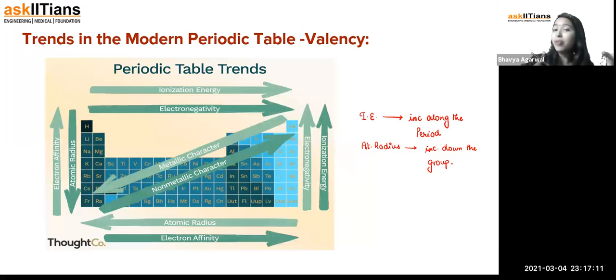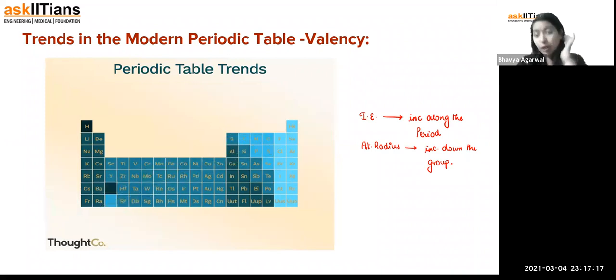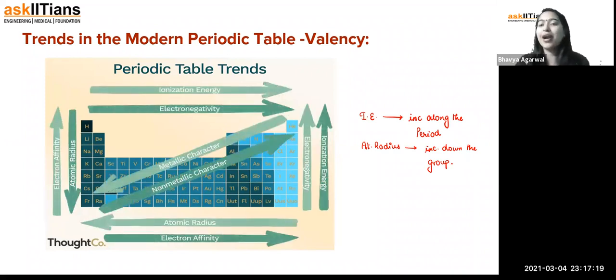Now, why is the property increasing or decreasing in a particular direction? What do you understand by the property's name? All that we will be covering in this particular lecture. And as you already know, this part is quite important for your later classes.